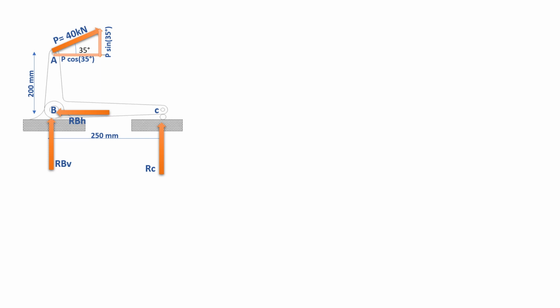So I have resolved the force P into its components. We have P cos 35 for its horizontal, cosine since this is adjacent to this angle, and P sine 35, sine because it is opposite to the angle. So solution: summation of forces along horizontal is equal to 0.